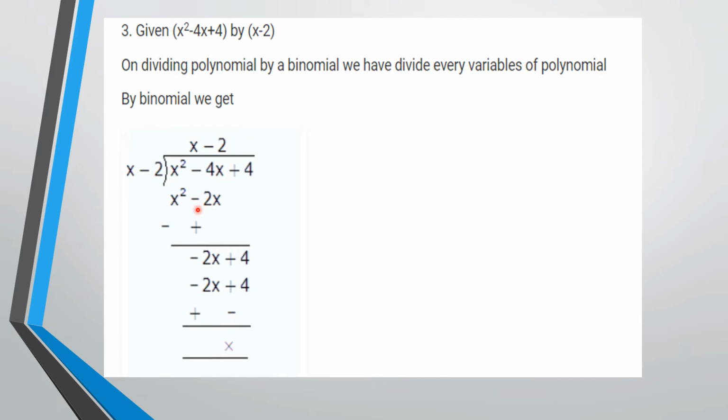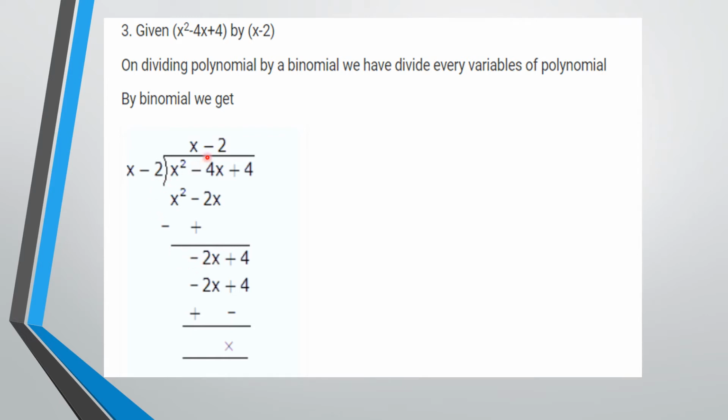So I get x into x is x squared, and minus 2 into x is minus 2x. Change the sign, so this gets cancelled. By changing the sign, this x squared becomes minus x squared, and minus 2x becomes plus 2x. Minus 4x plus 2x becomes minus 2x, and the next term we bring down, plus 4. What number do I have to multiply to get minus 2x plus 4?